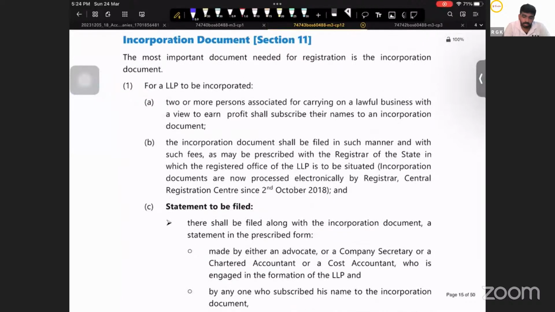Coming to the incorporation part. How to incorporate an LLP? Two or more persons associated for carrying on a lawful business shall subscribe their name to the incorporation document. The incorporation document shall be filed with the registrar of the state in which the registered office of the LLP is situated.